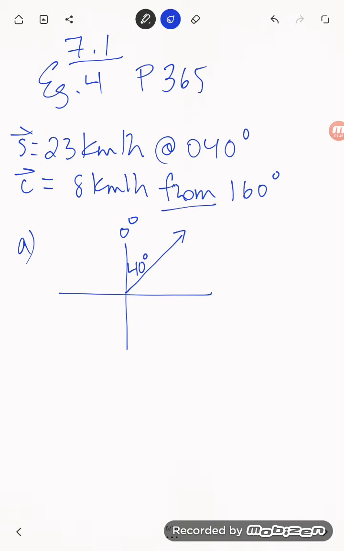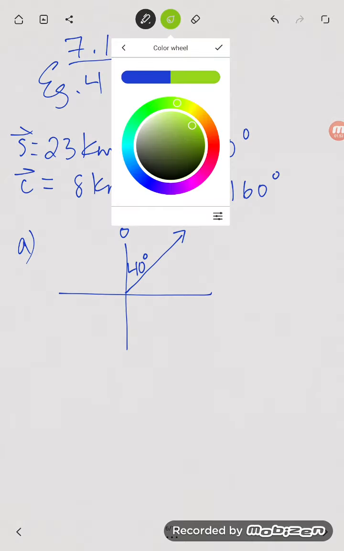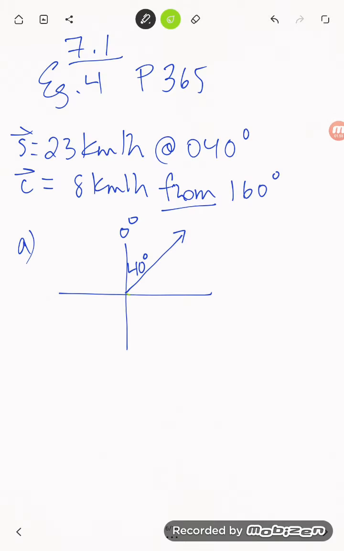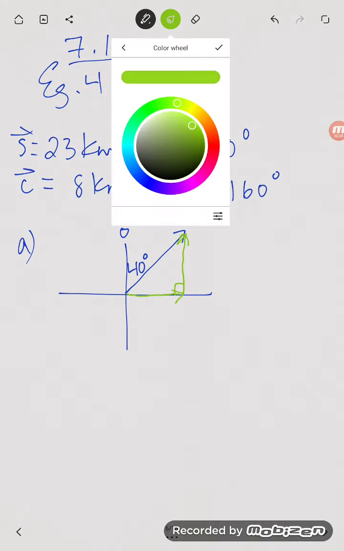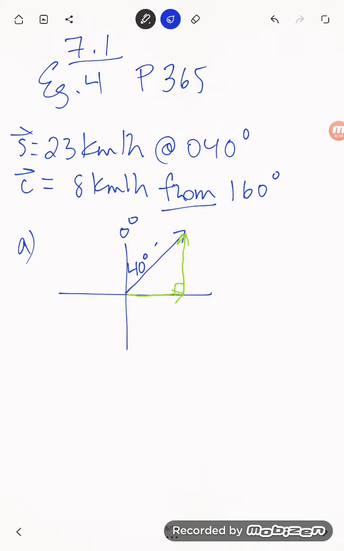Okay. And then I need to find the components of that vector to write it as a Cartesian vector. So those components would simply be along the x-axis and parallel to the y-axis, tip to tail, to make up this ship's velocity vector. And so that means that the angle inside this triangle here is 50 degrees because it's complementary to 40 degrees.